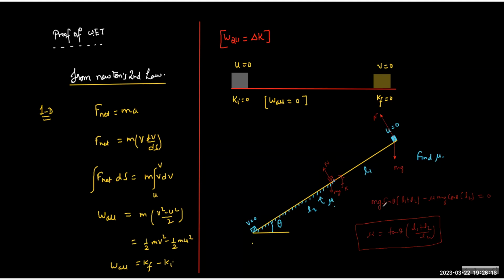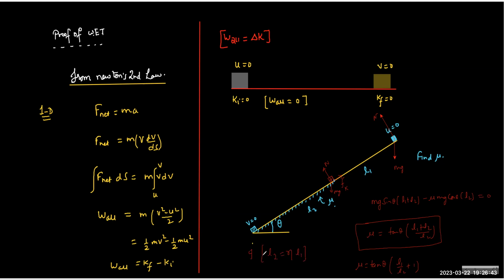Or if I give you some ratio that the rough patch is some multiple of the smooth patch length, we may express this in terms of a ratio also. So this will become the ratio of the smooth upon rough plus 1. So sometimes they may say, okay, let's say L2 is eta times L1.